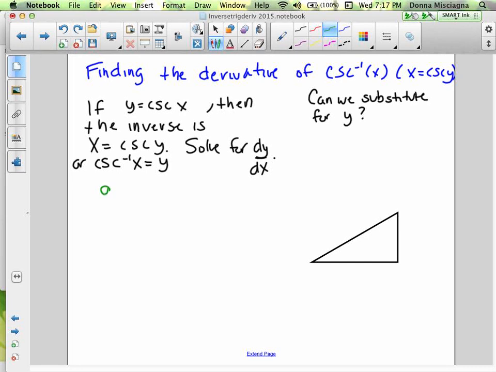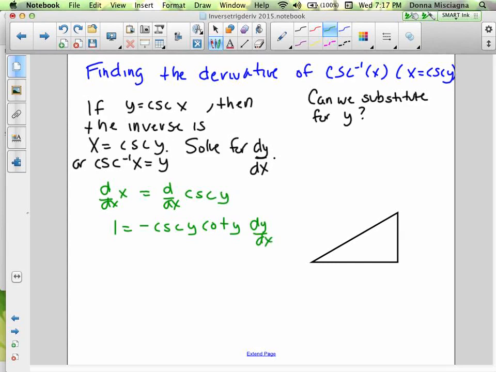All right, so let's take the derivative with respect to x of the x, and we'll take the derivative of the cosecant y. The derivative of x with respect to x is 1. The derivative of cosecant y with respect to y is negative cosecant y cotangent y, and of course, because it's a chain rule, times the derivative of y with respect to x, which is dy dx.